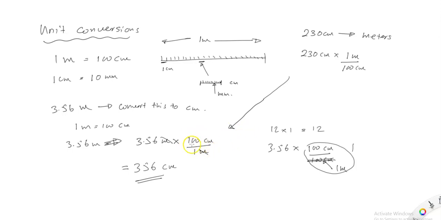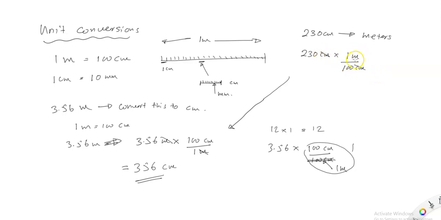Over here I wanted the answer in centimeters, so I multiplied with centimeters and divided with meter. I do the opposite here. Multiply by 1 meter, divide by 100 centimeters. This is 1 meter and 100 centimeters, same thing, so it doesn't change the 230, it only changes the unit. So you see that centimeters and centimeters cancel out.